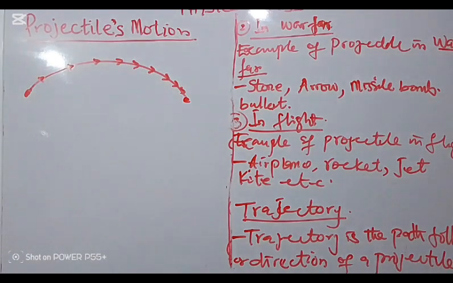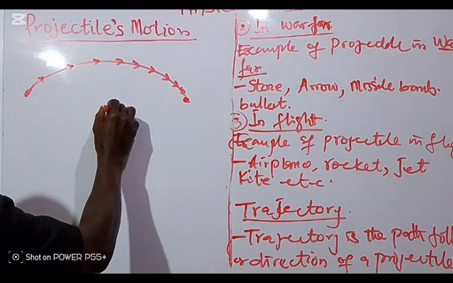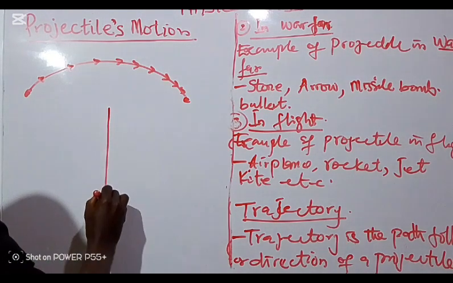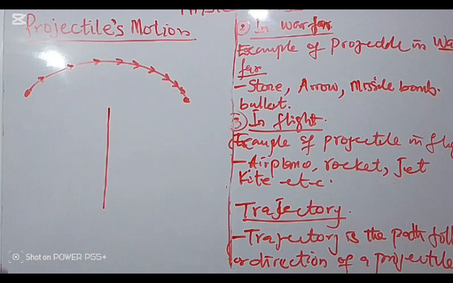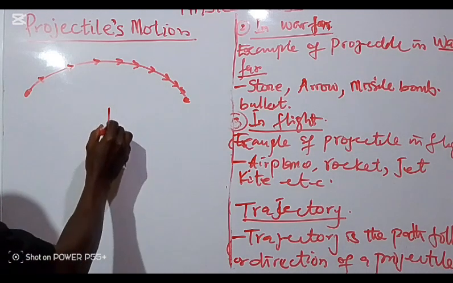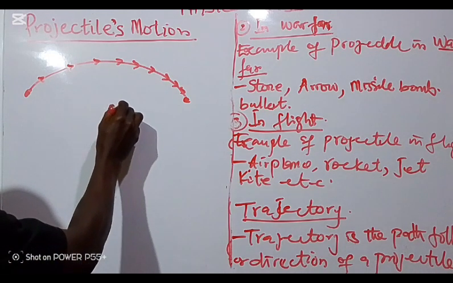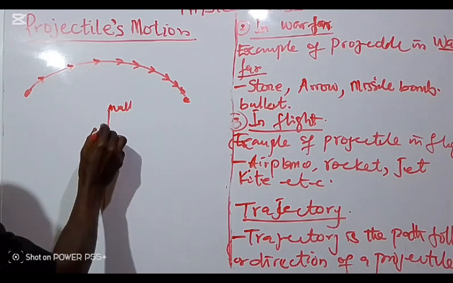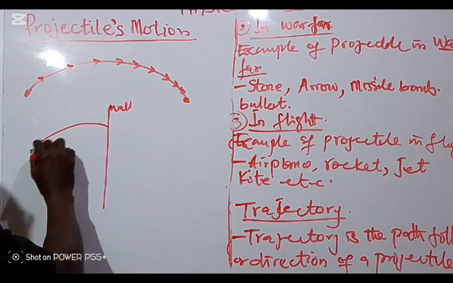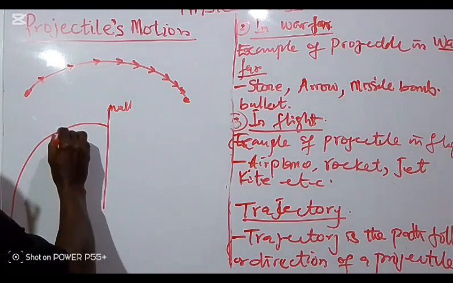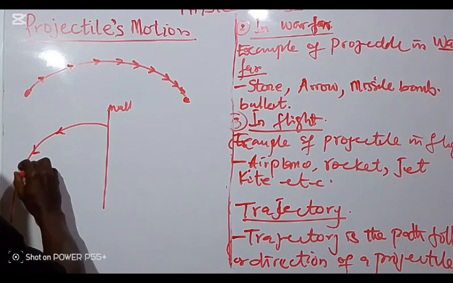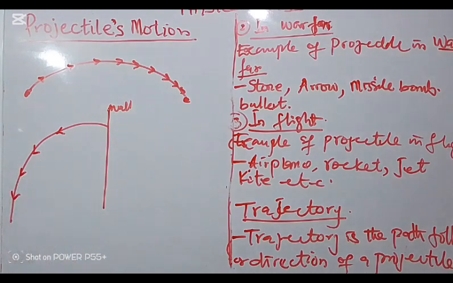Or when you kick a tennis ball against the wall and it bounces back, this is the wall now. You kick it against the wall and it bounces back like this. This is what is meant by trajectory. That is the path followed or the direction of a projectile is what is meant by trajectory.